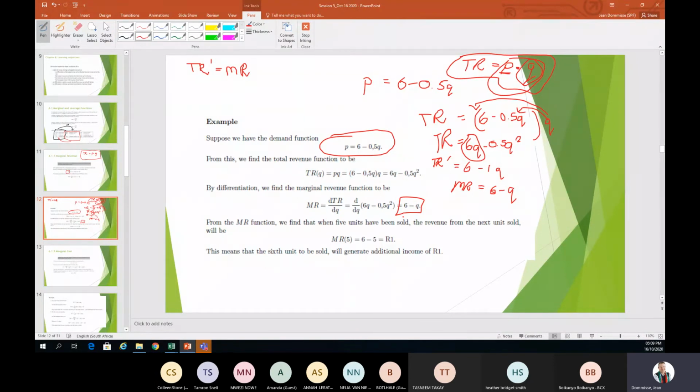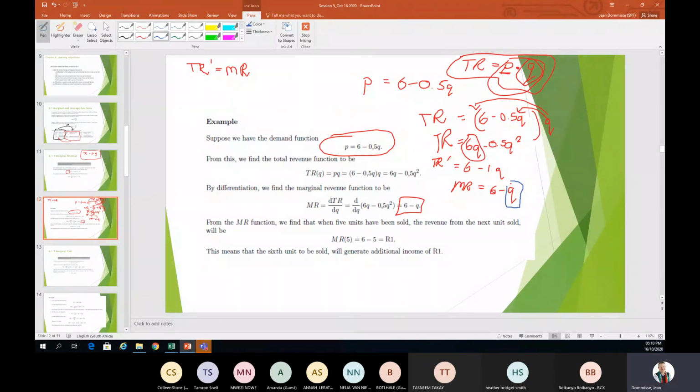Now they need to tell you something. You can't just guess something. So they need to tell you, if you sell 5 units, what will be your marginal revenue? They need to tell you what Q is.